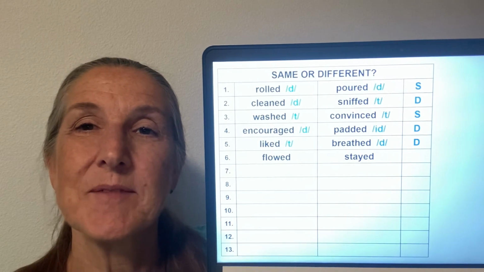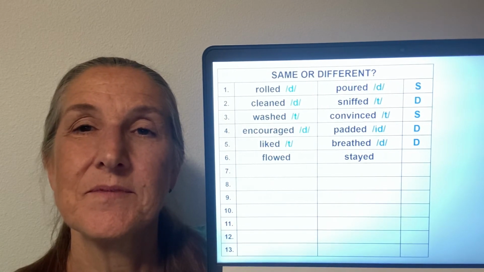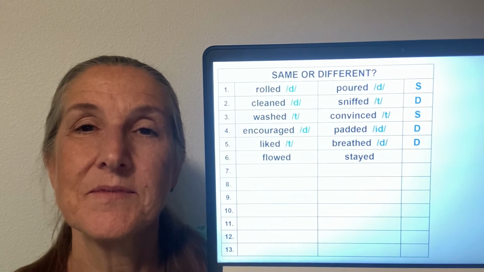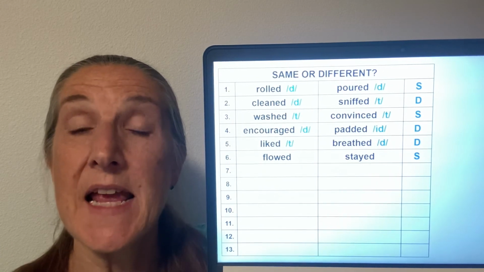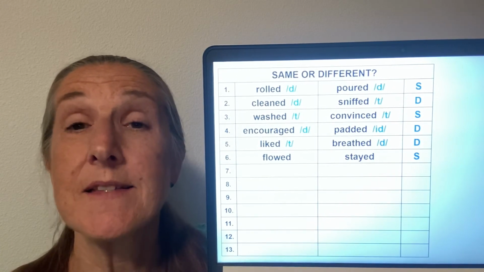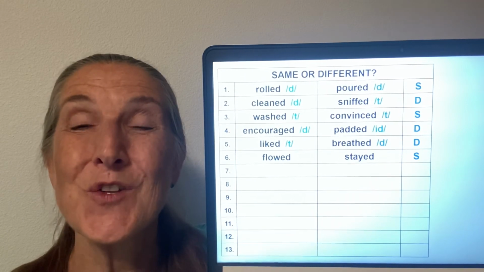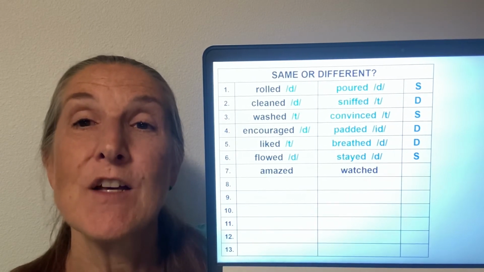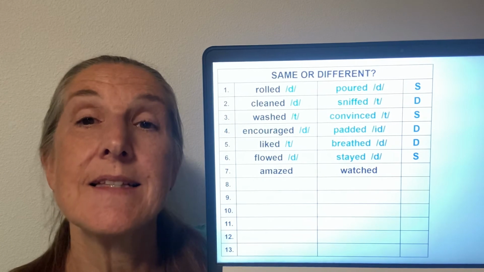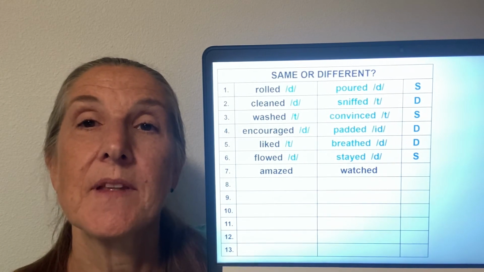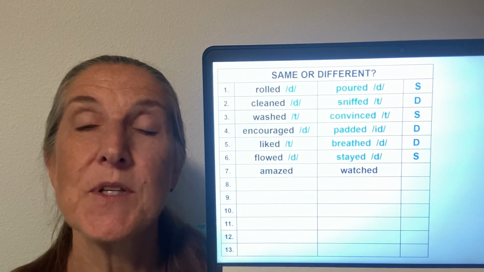Number 6. These are the same. Both flow and stay have vowel sounds, so we're going to get that D for flowed and stayed. Number 7.